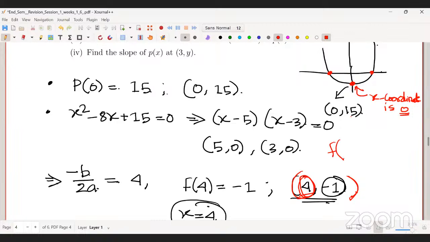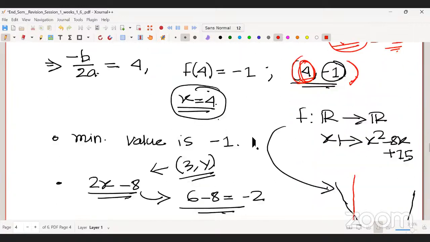So you just need to compute f of 4. f of 4 will be the minimum value. If you substitute 4 in the equation, then you will get minus 1. Okay, sir.